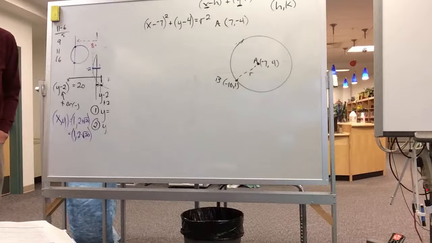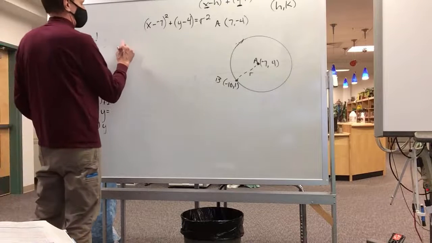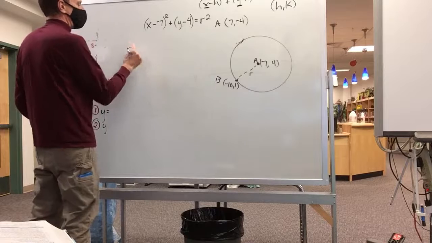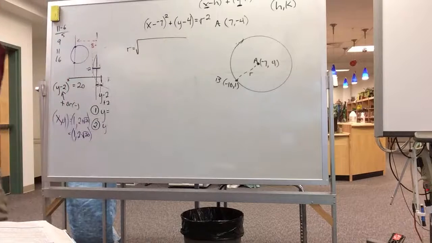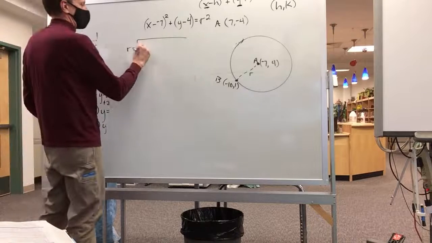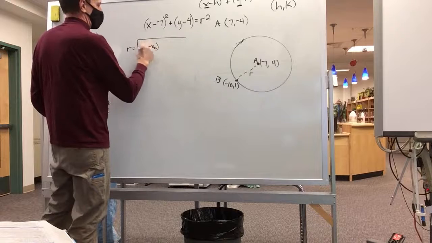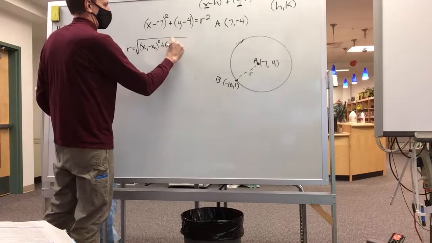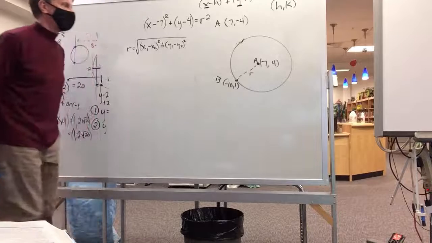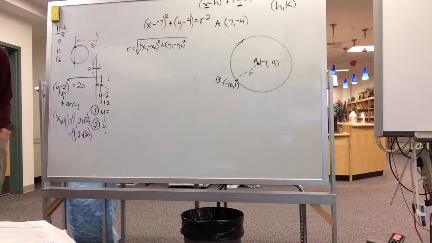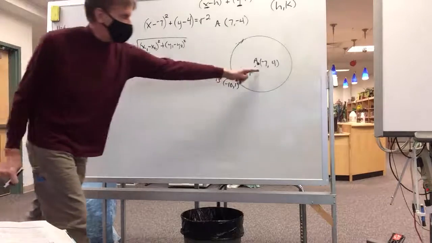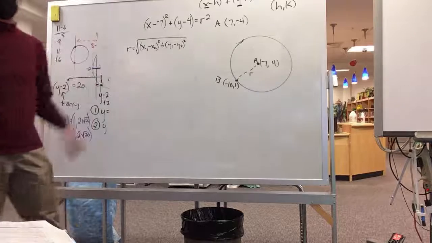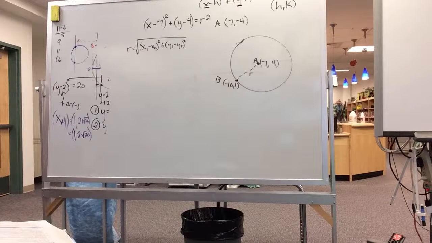So the distance between 2 places, we're going to call it r, is equal to... you have 2 points that you're going to measure the distance between. From this point to this point, plug it in. And then you'll have it.